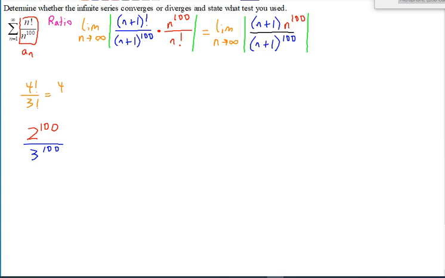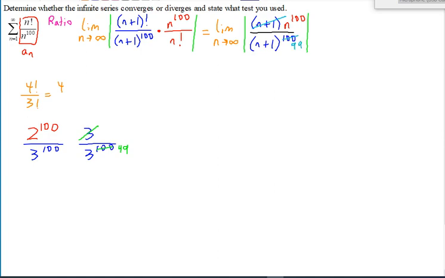Just like if, in this case, n plus 1 was 3. So this is like having 3 to the 100th and just 3. One of those could reduce out, right? You'd be left with 3 to the 99th here. So you can do the same thing here. n plus 1 reduces out, and you're left with 99.